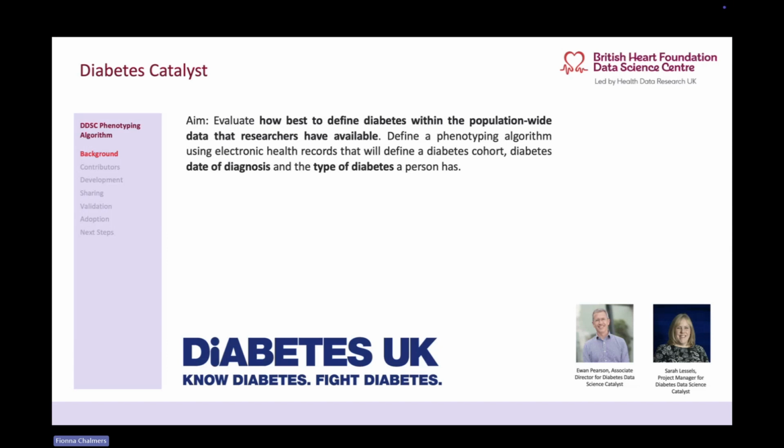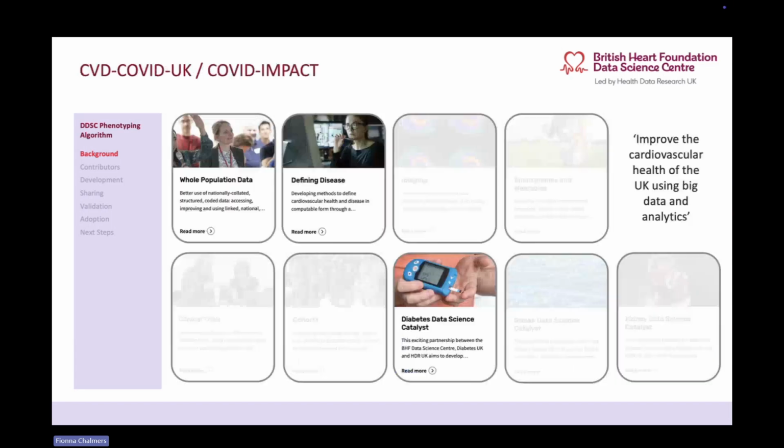So before I go on to the algorithm, I'm just going to spend a few more minutes talking about that population-wide data that researchers have available to them, because this informed a lot of the algorithm development. If you're unfamiliar, there's many different areas and parts of the British Heart Foundation Data Science Centre beyond the Diabetes Catalyst.